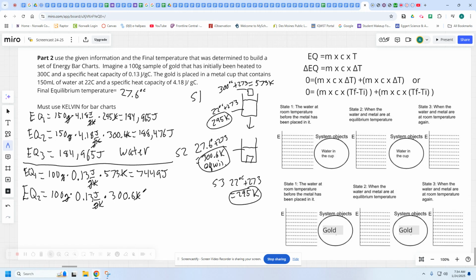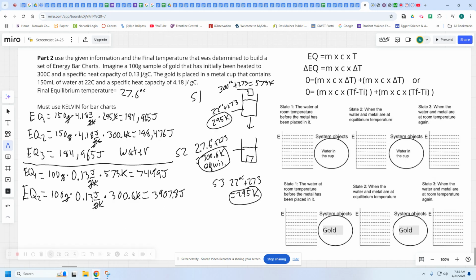If you and I carefully multiply across the top, you should find that the joules decrease because the gold has donated and transferred its energy to the water, so it's cooled down, and I got 3,907.8 joules.